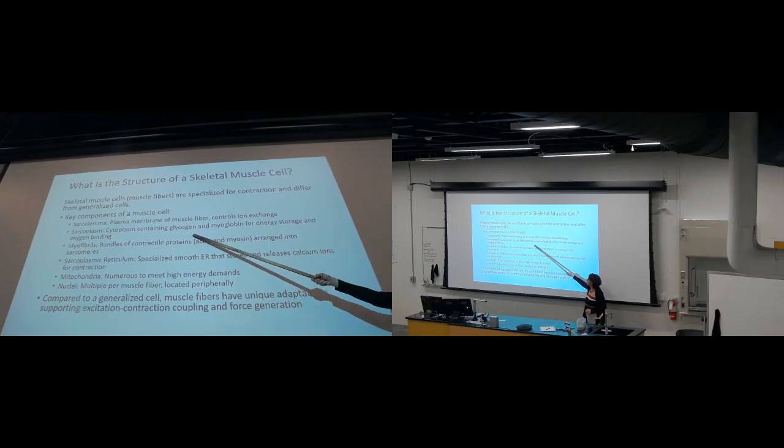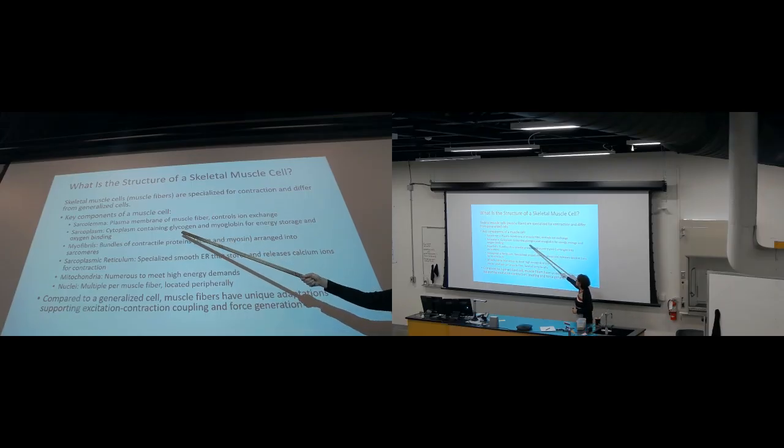In the cytoplasm, we have glycogen. Do you remember what glycogen is? Glycogen is made out of what? Glucose. So it's like the bank for the muscle to contract.